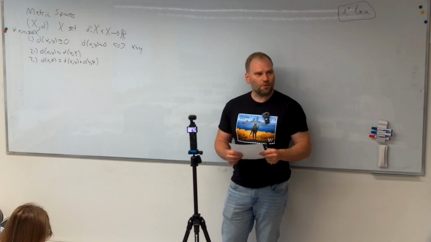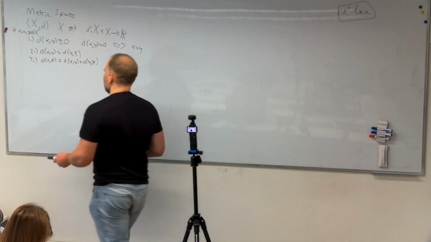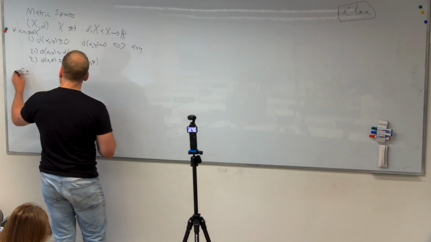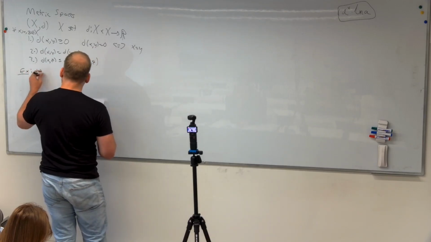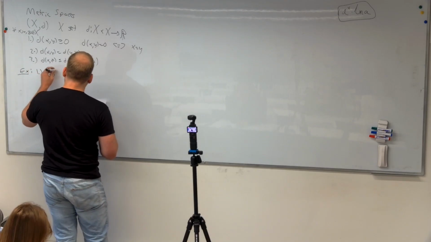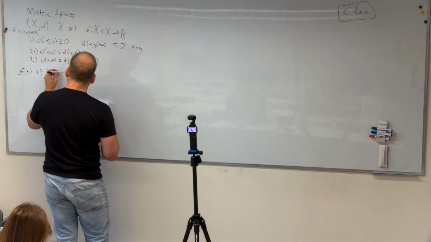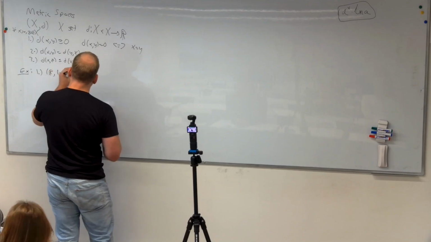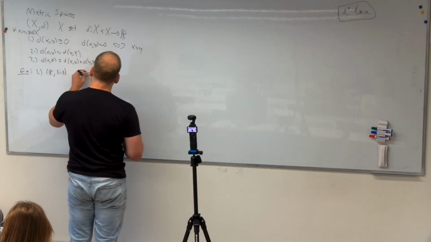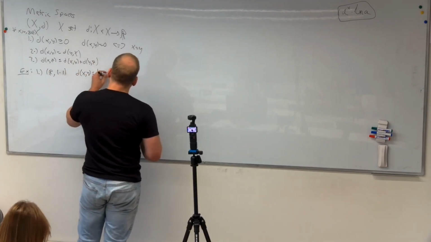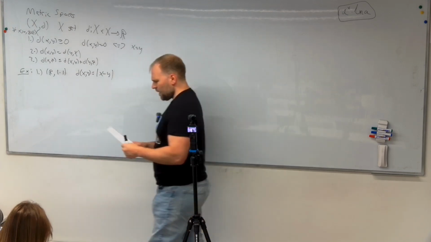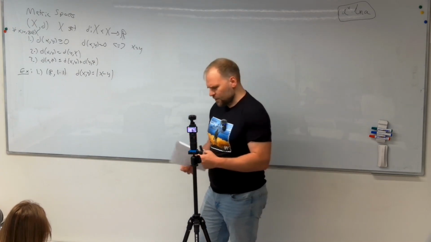There are a lot of things that we care about that are metric spaces. So for example, we can take the real numbers with the absolute value. So we have that D of xy is the absolute value of x minus y. You can check that all these conditions are satisfied.